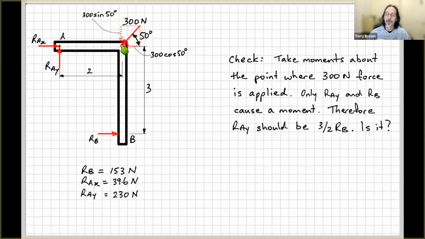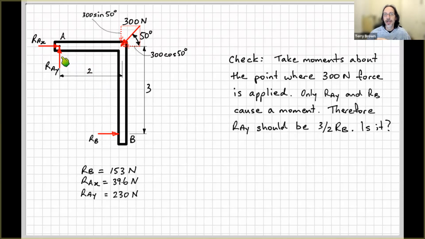If I take moments about this point, we know that the moment of this force will be 0, because this force passes through this point. RAX will have 0 moment about this point because its line of action will be through that point. So we only need to look at RAY and RB.